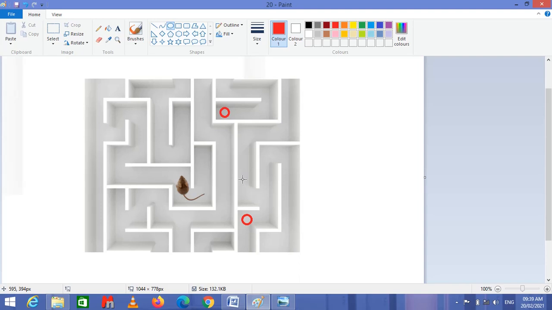Now if we remove the hippocampus from this mouse, this mouse will not be able to reach any food. This mouse will not be able to learn any information regarding the simple maze.